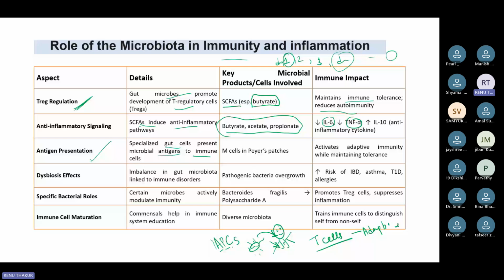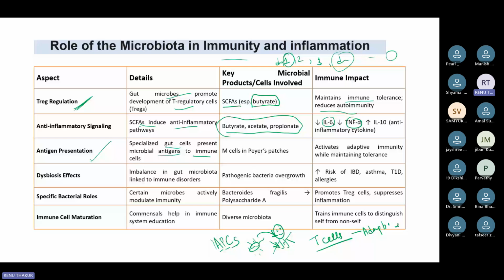All these are APCs. They will hold the antigen, process the antigen, and present it to the T cell, saying we have encountered the pathogen, we have done our role, now do whatever role you are assigned. So the T cell will start its adaptive response.